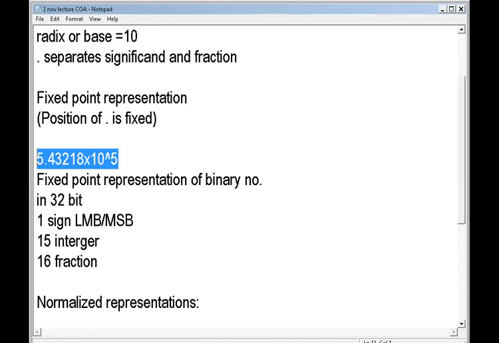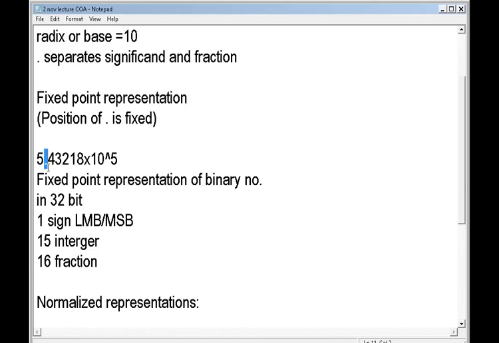or 0.543218 into 10 to the power minus 2. So the place of the decimal can float, then the number becomes a floating point representation.